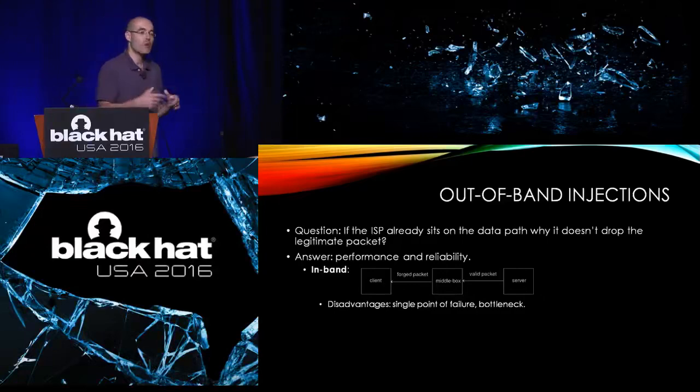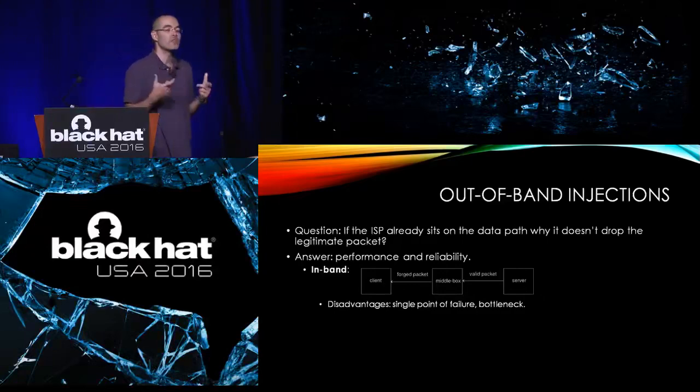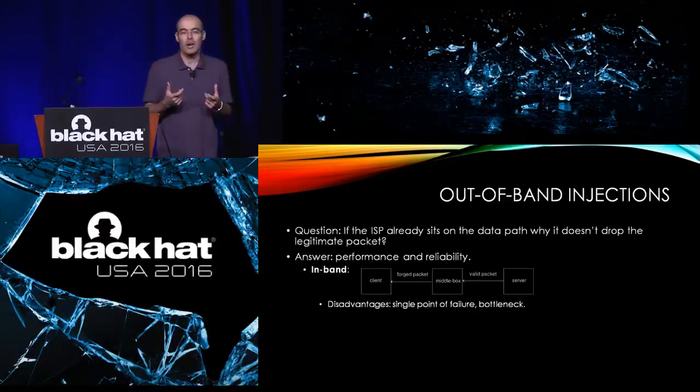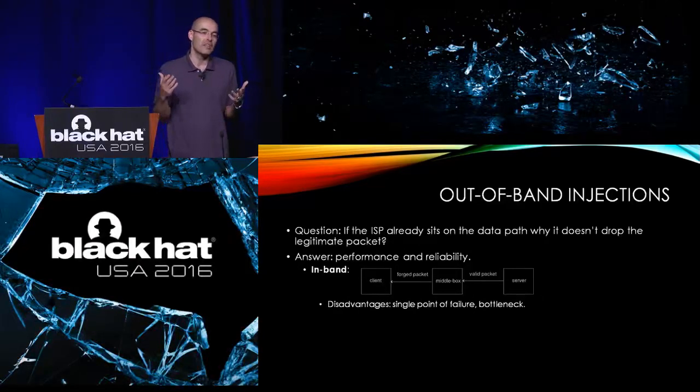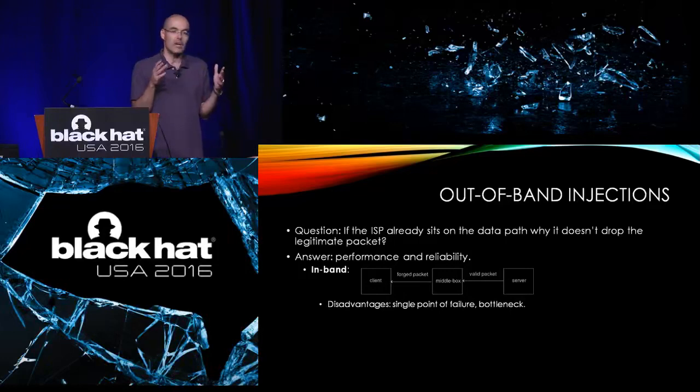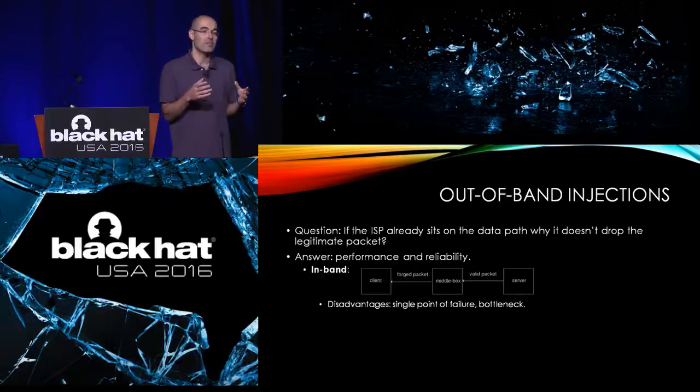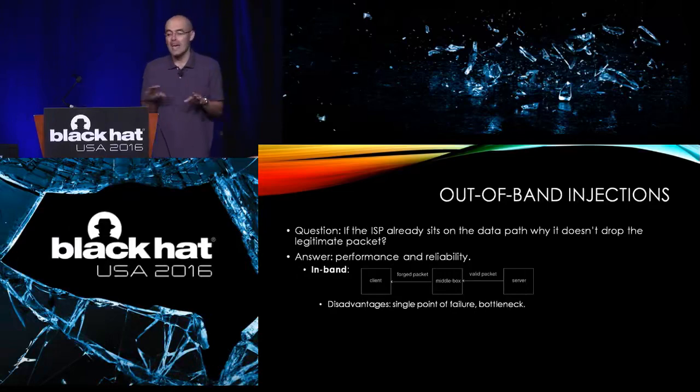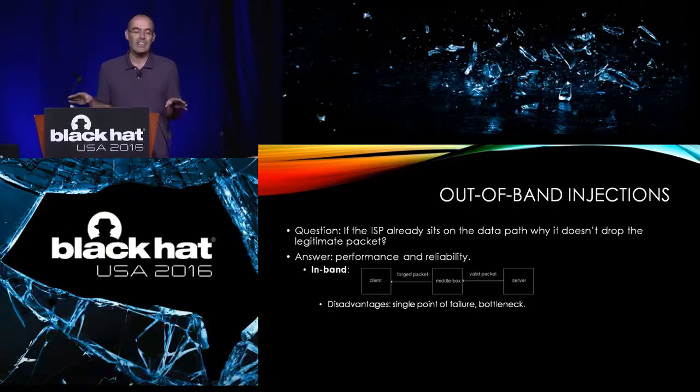But this logic now presents an additional single point of failure in the network. Because if this logic fails for some reason, because of a bug in the code, then the whole production traffic stops. And if this logic becomes loaded, then the whole production traffic of the network operator simply slows down. And network operators hate single points of failure and performance bottlenecks in their network.